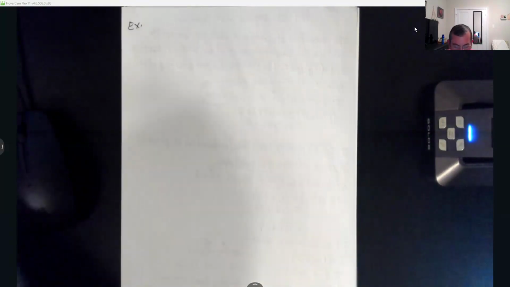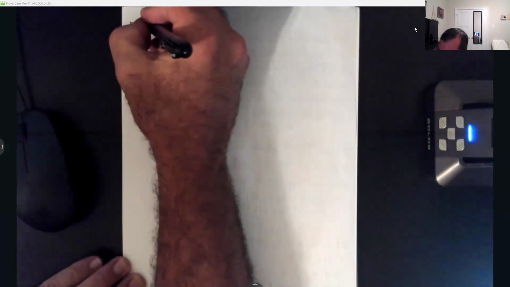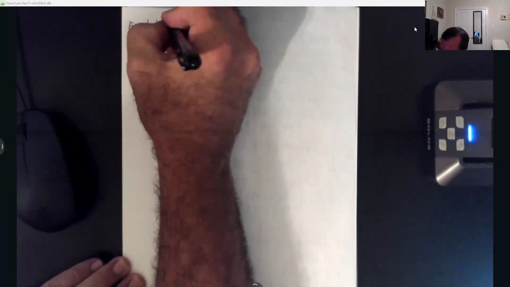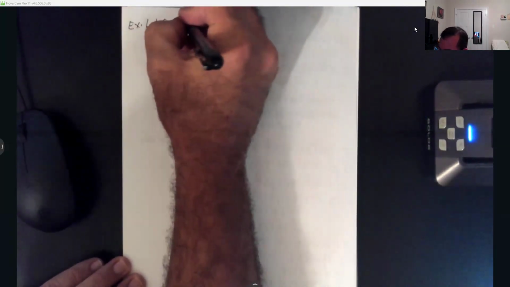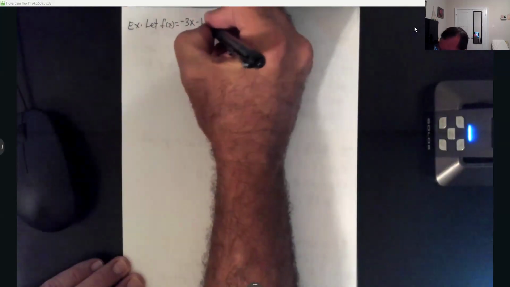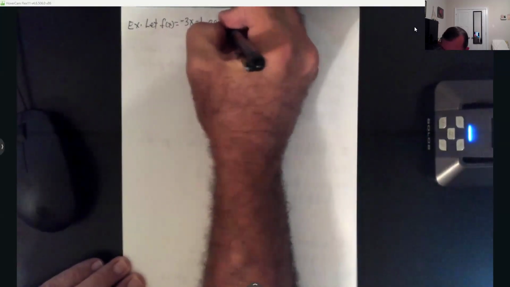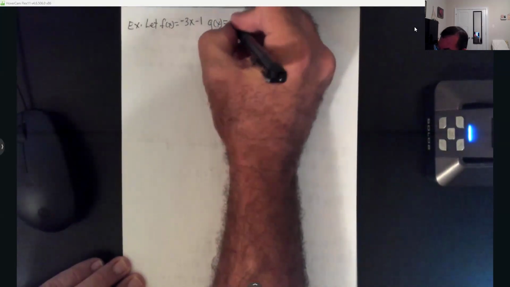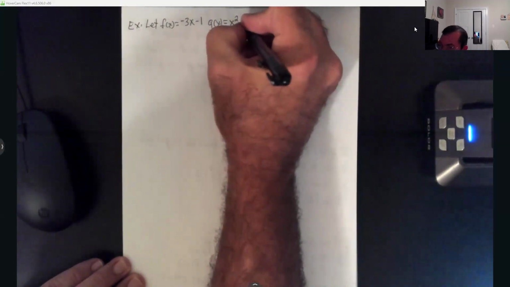For this example, they want us to let f of x equal negative 3x minus 1. G of x equals x squared minus 2.